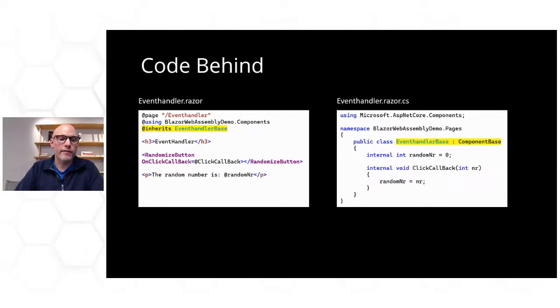The important thing here is that we need to inherit from our base class, so we need to specify that in the view. The code behind file naming convention is just .razor.cs. We make a public class that extends ComponentBase. This would be the thing that we had in the code block in a regular view.